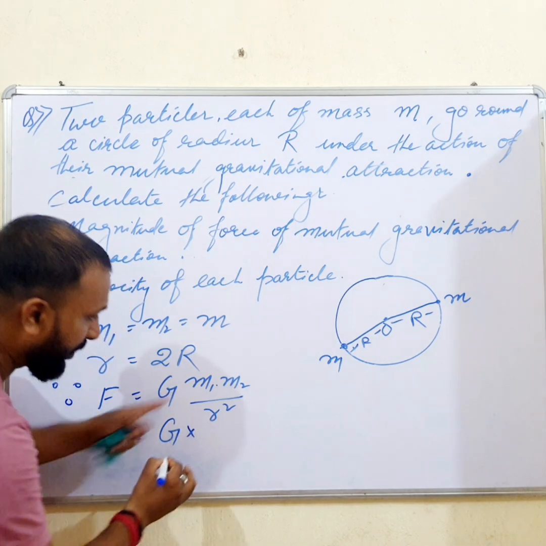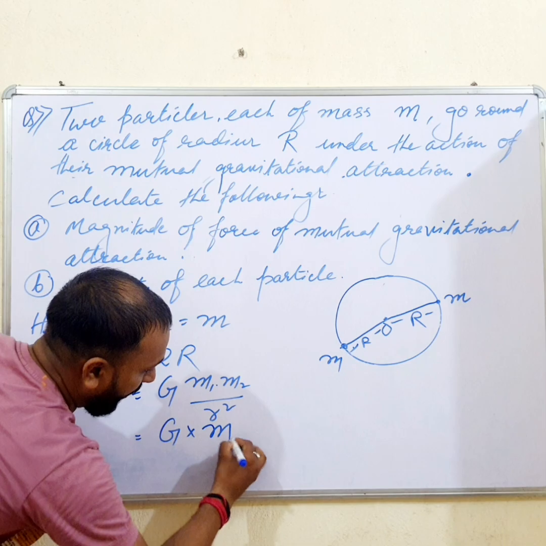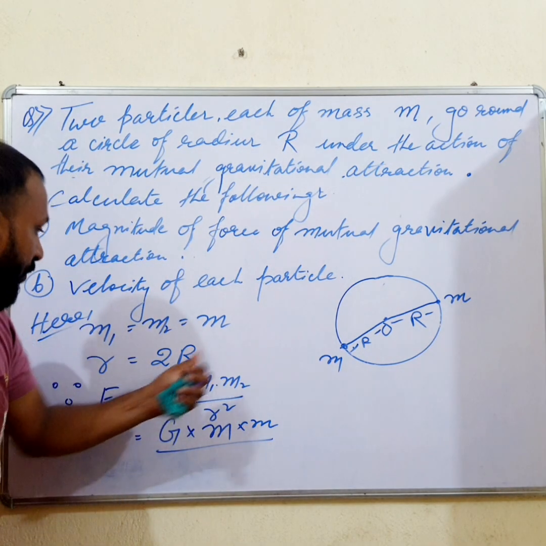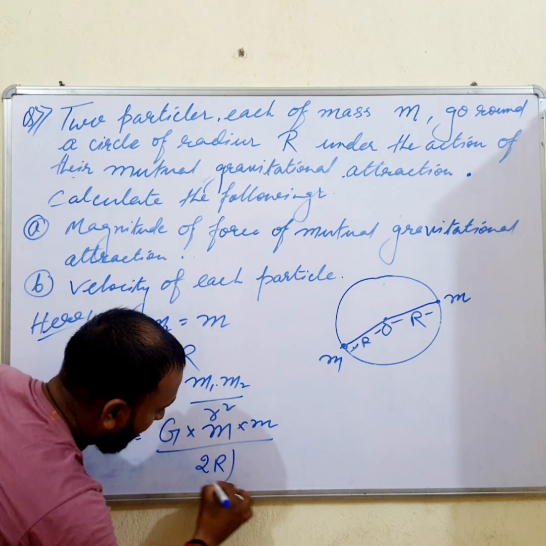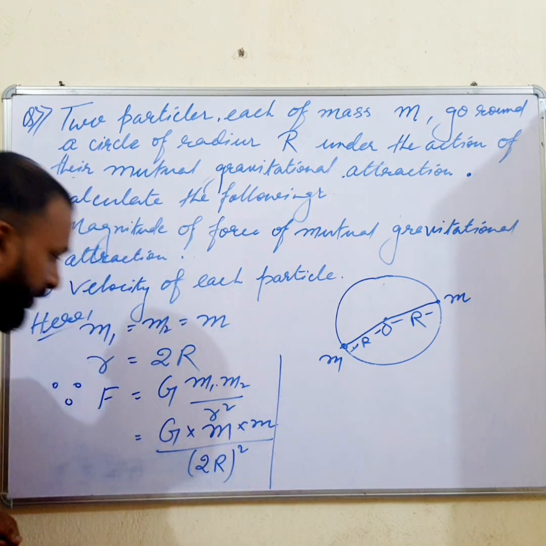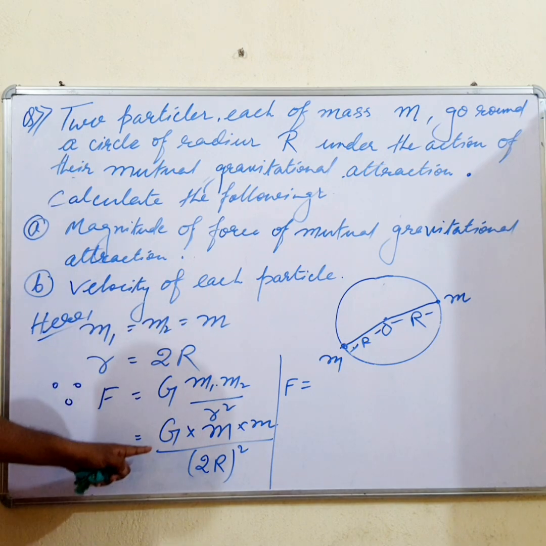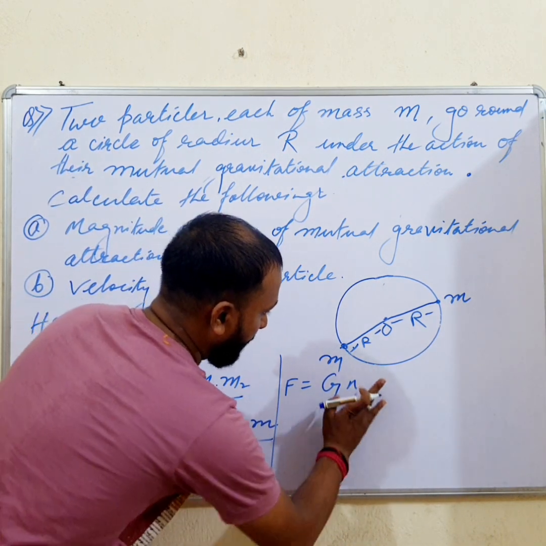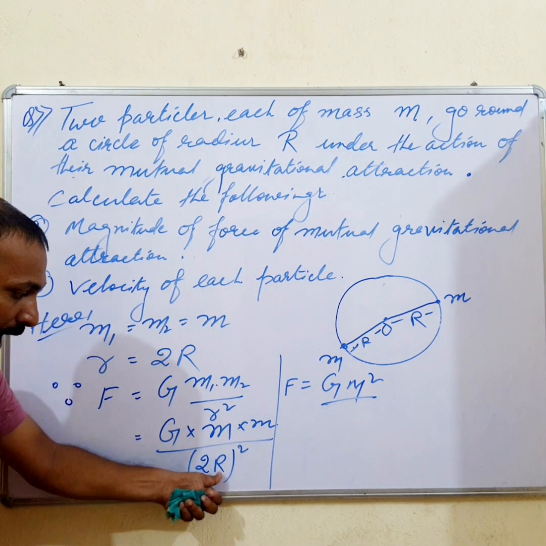Now, mass will be m1, m2, both are m. Here it will be m into m. And the radius is 2r, so it will be 2r whole square. So ultimately we got that F equals G m square divided by 2r whole square.